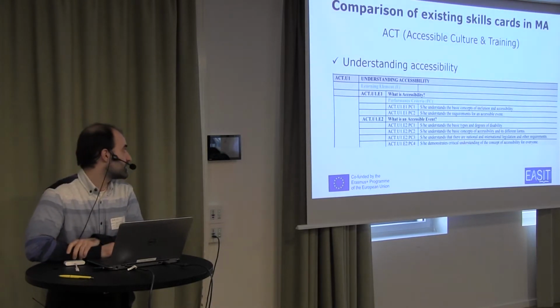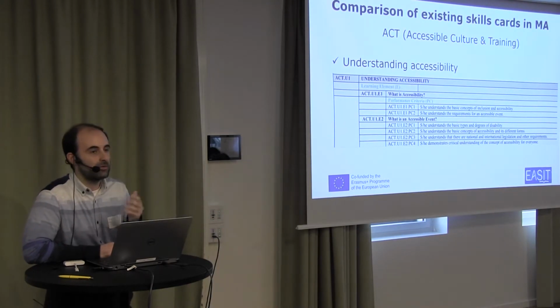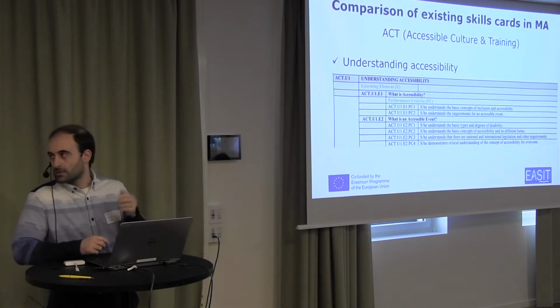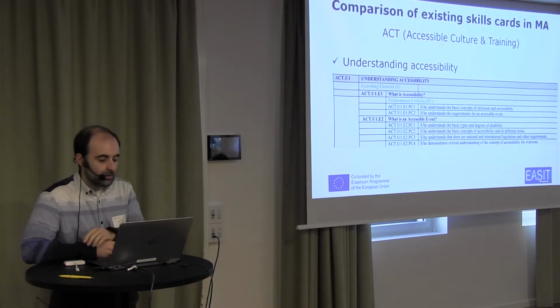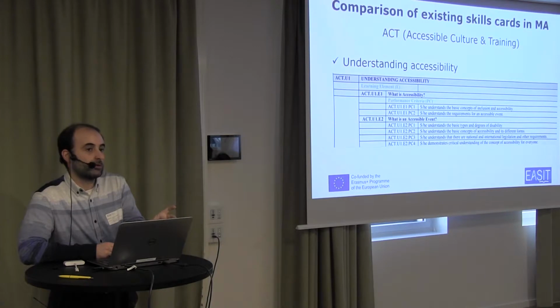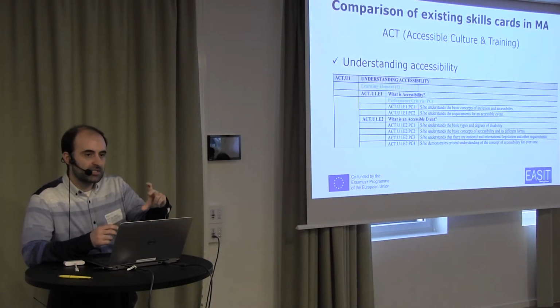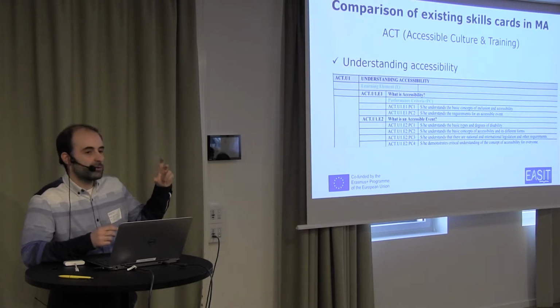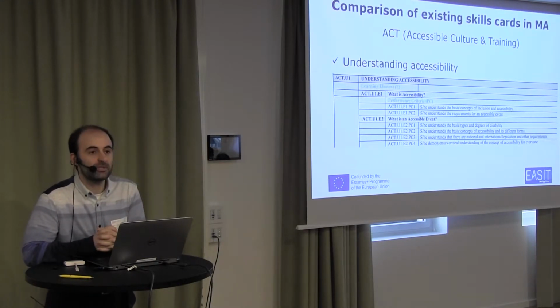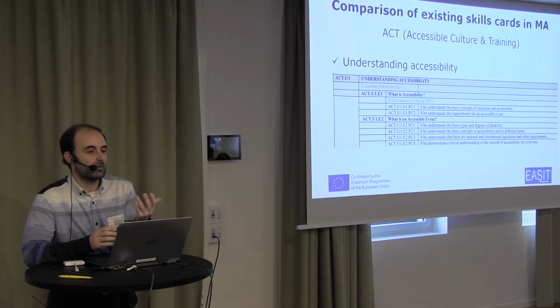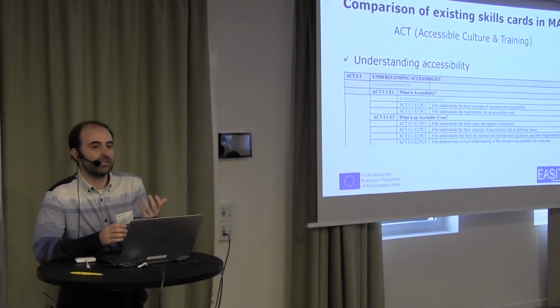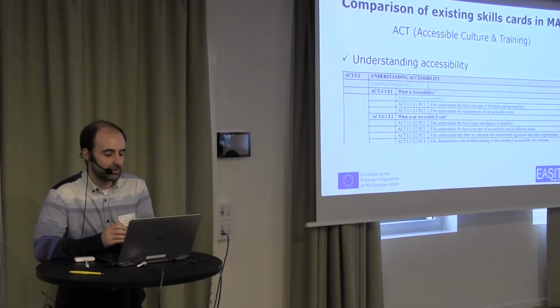If we take a deeper look into one of the units, for example, understanding accessibility, you can see that Unit 1, as well as the other units, includes different elements, and within each element you can find different performance criteria. In this case, when we talk about performance criteria, we are referring to learning outcomes.